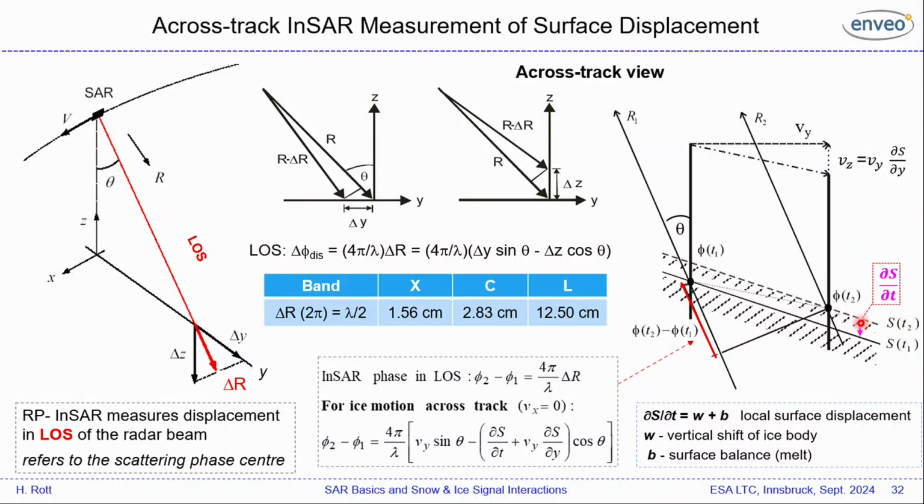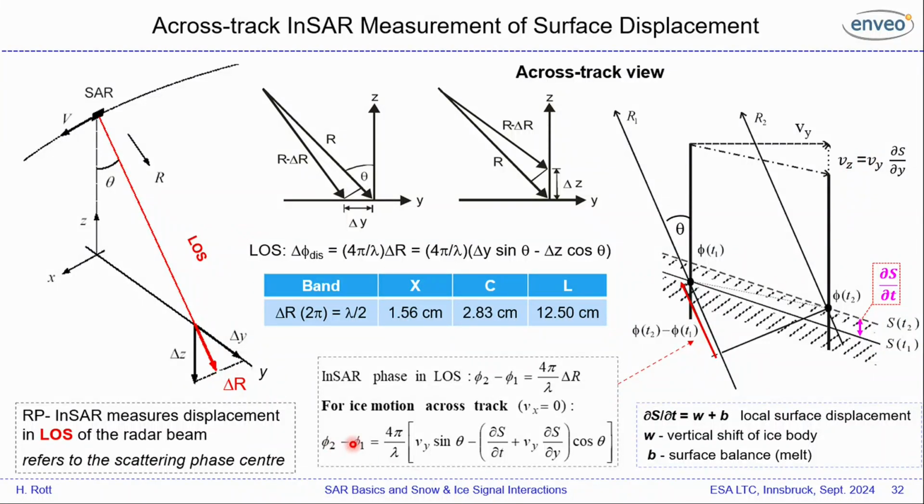Over melting glaciers we can also do interferometry in the ice areas, so we still get sufficient coherence. And then we have the contribution of the horizontal shift, and we can compute this difference, the vertical contribution, due to the surface parallel motion.